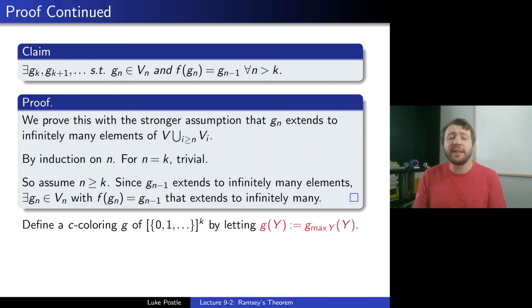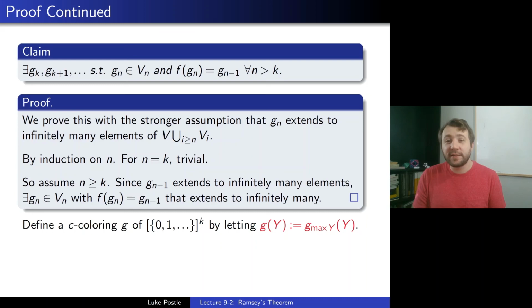You can define a coloring of all of the vertices 0, 1, up to infinity, of all its k-subsets, by letting the color of a set be the color that all of these agree on. The idea is they always extend, they always agree, so we're really building up a coloring. Every k-subset y will always be present at some finite point.